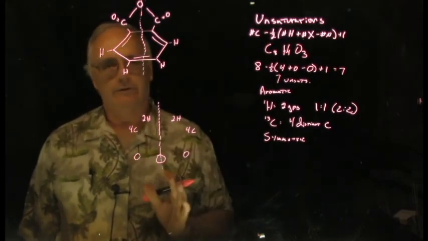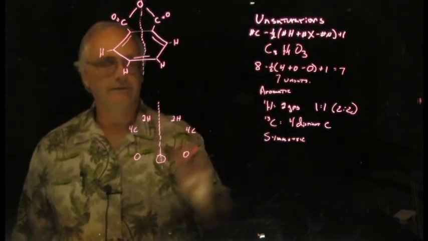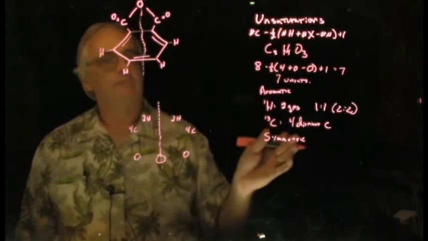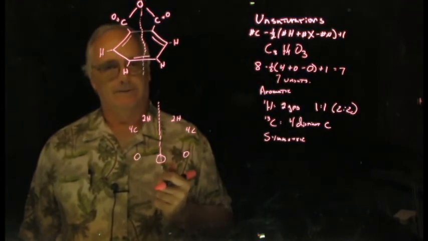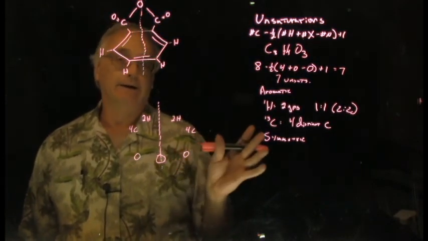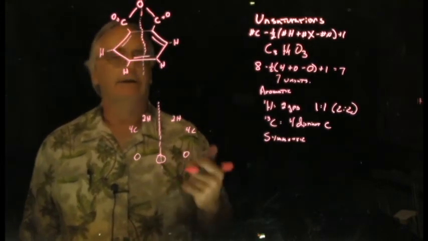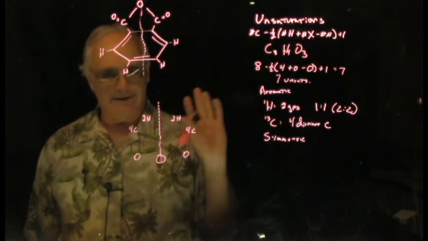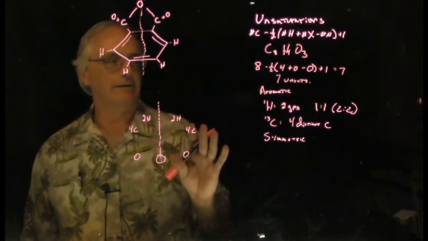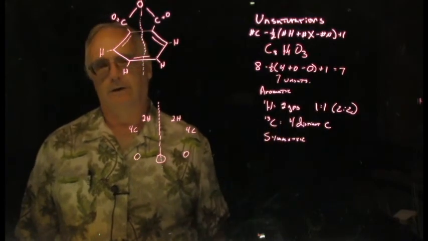And so there is the structure here, and there's the only structure that matches all of these characteristics that we derive from the NMR spectra. And outside of recognizing that we had hydrogens on an aromatic ring, that area around 7 ppm, that's the only thing we've looked at outside of just simply the number of hydrogen groups, their integrations, and the number of carbon groups.